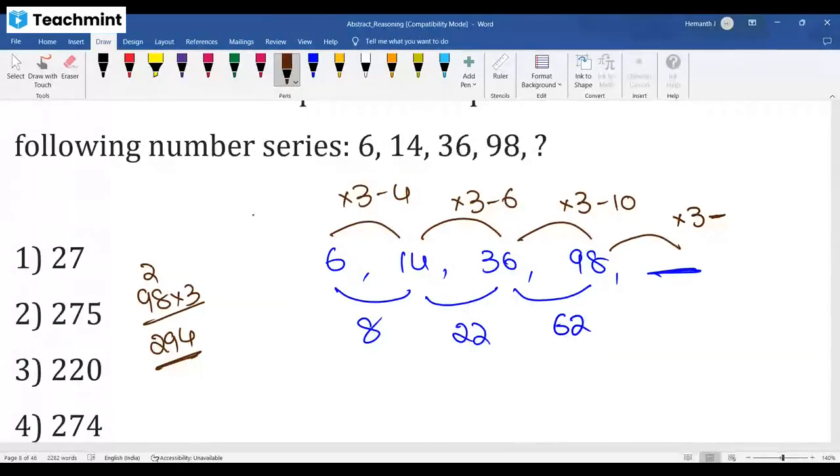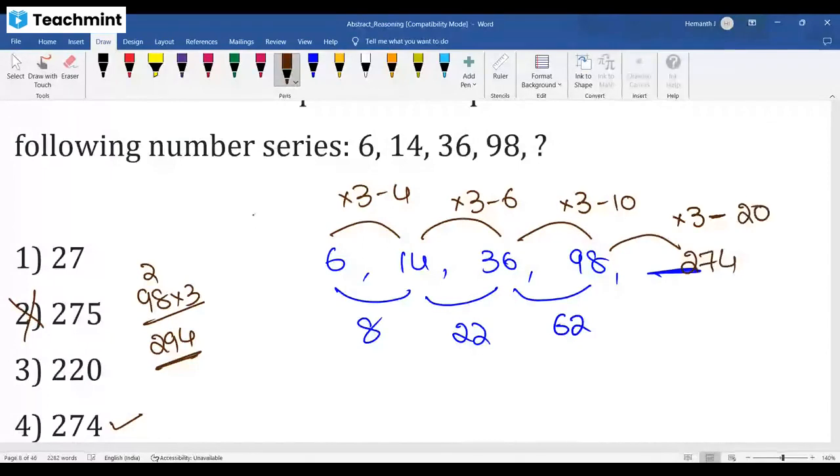4, 6, 10. 2 gap, 4 gap, 6 gap. 16 is not there in the options. So if you want 275 or 274, all are even numbers, first of all, it can be 274 it seems. If you want 274 here, what might be the thing? Minus 20 required.